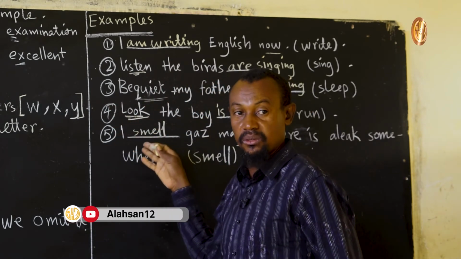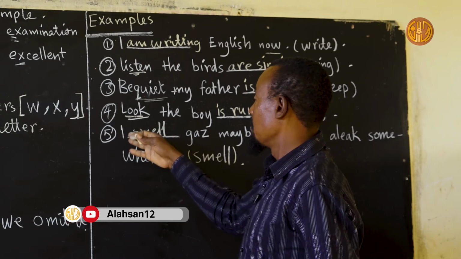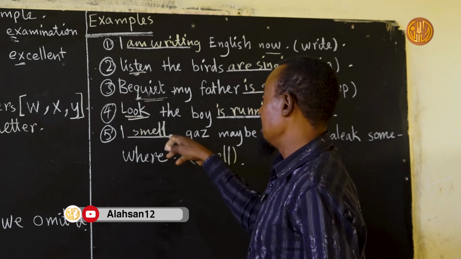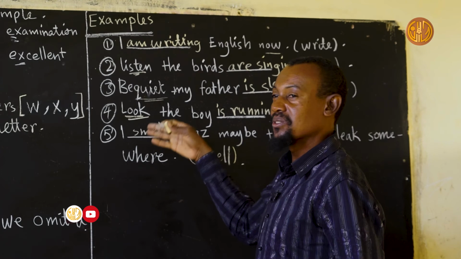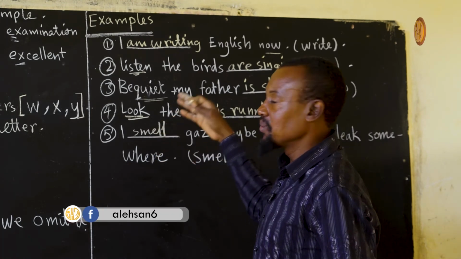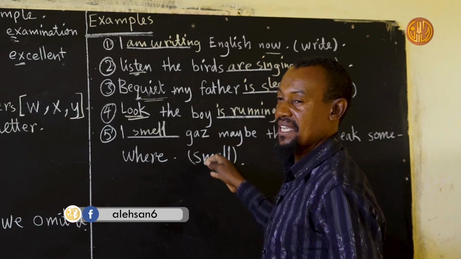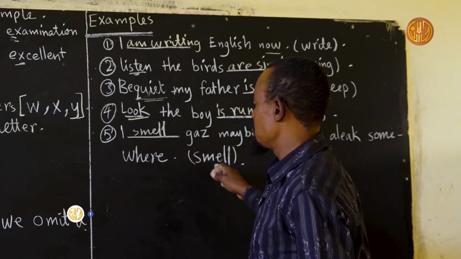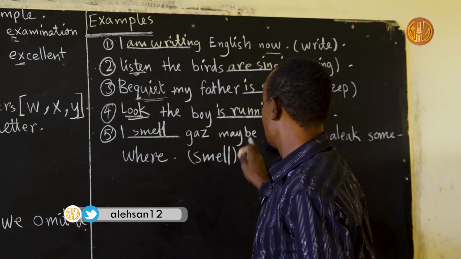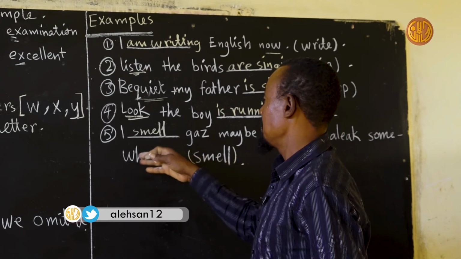This is your problem, students. You write am with I in present continuous, but in this question you do not write am, and you do not add ing to the verb, because this is a verb of sense. So verbs of sense, we do not use them in present continuous, but we use them in present simple.